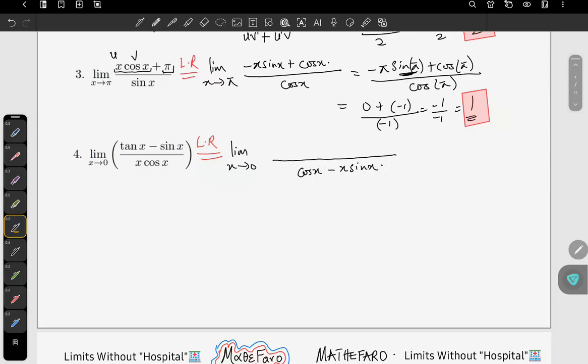And for the numerator, the differentiation of tan x is secant squared x, and the differentiation of sine x is cos x.